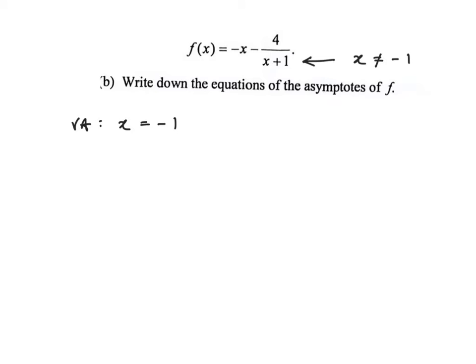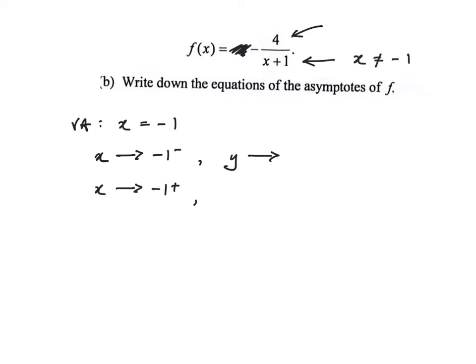So why don't we consider what happens as x tends to minus 1 minus and as x tends to minus 1 plus. So what we want to do is just to consider this part here, because the minus x at the start will become irrelevant for very large values of the second part, which is this whole fraction here.